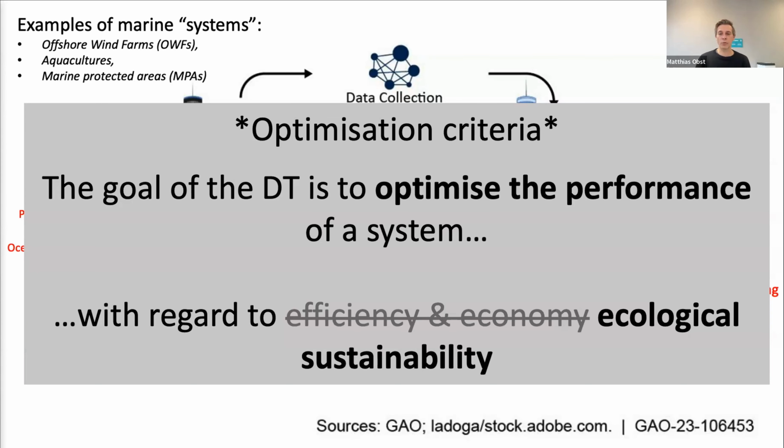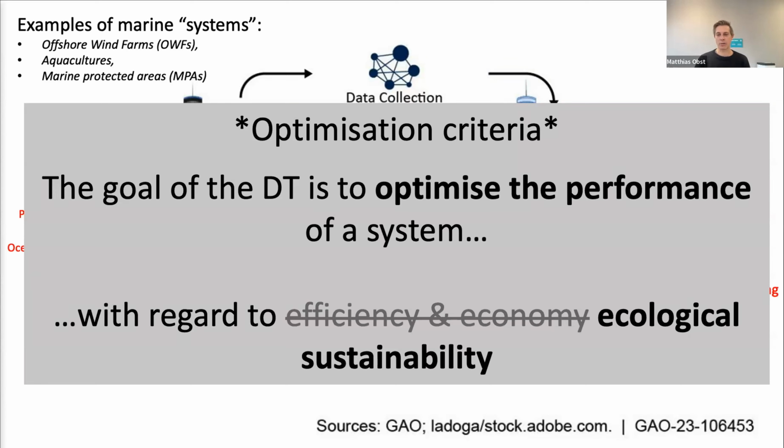But we don't want to optimize aquacultures or wind farms to produce more margins, so to say, to be more efficient and economically more viable. That's another digital twin, but we want to optimize them so they increase ecological sustainability.